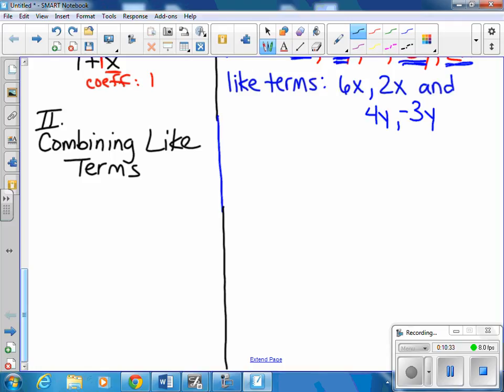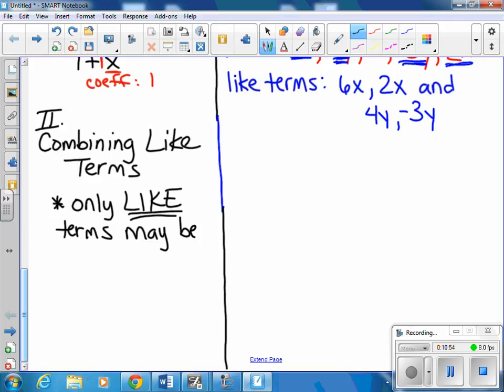We can simplify them by combining things together that can go together, and that's where these like terms come in. Before we show you some examples, make sure that you know that only like terms, and that word like is very important, may be combined. And when we're combining, we're adding or subtracting.